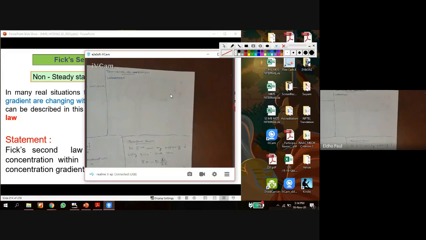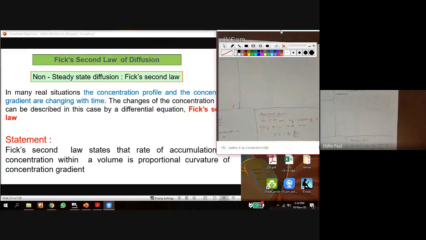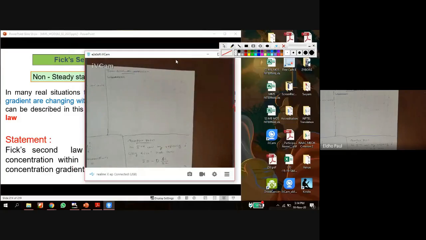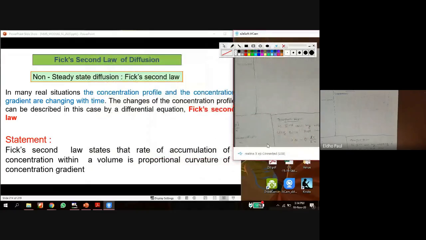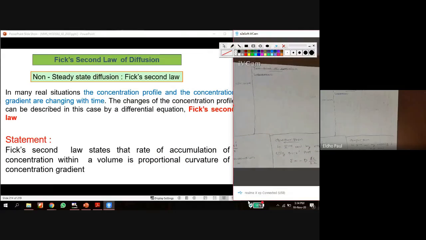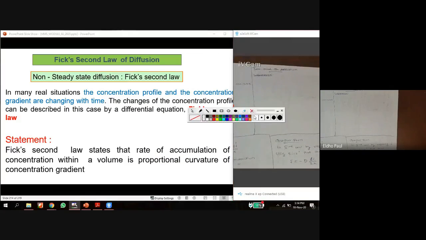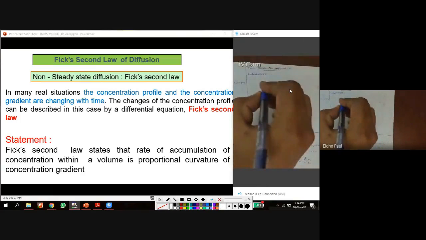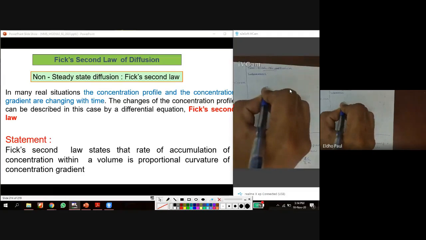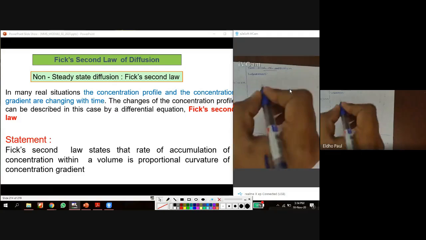Fick's first law gives the relationship between the mass flux and the concentration gradient.